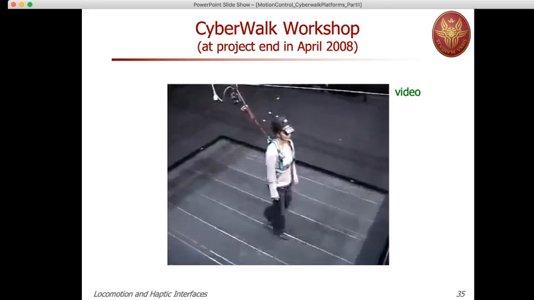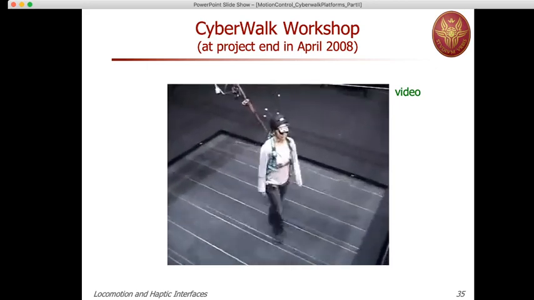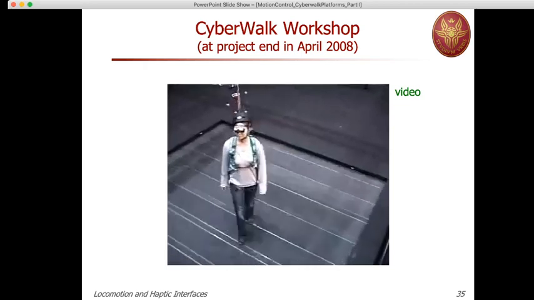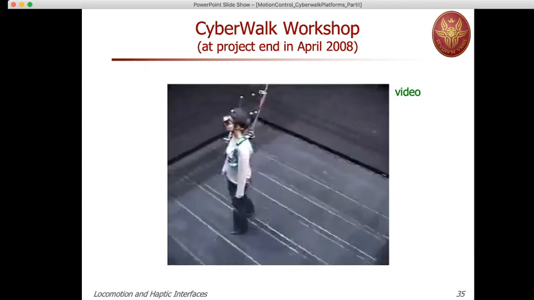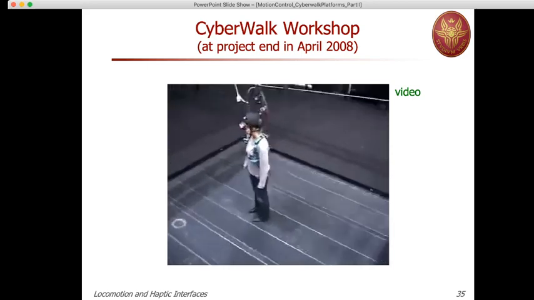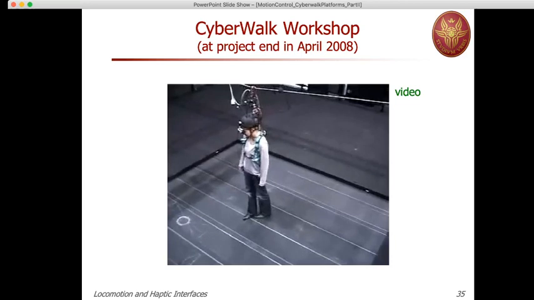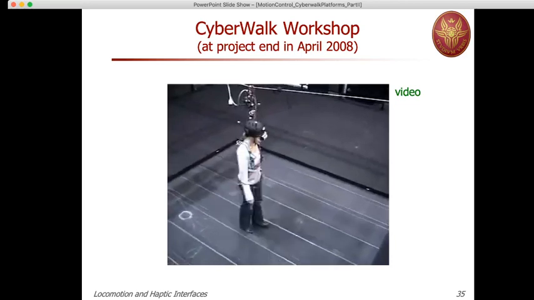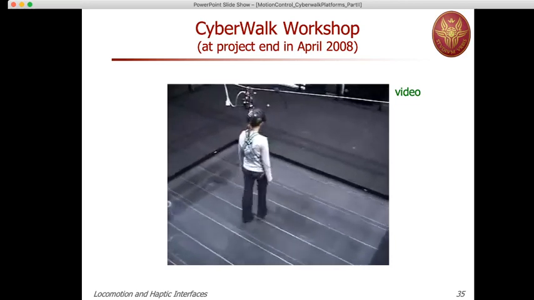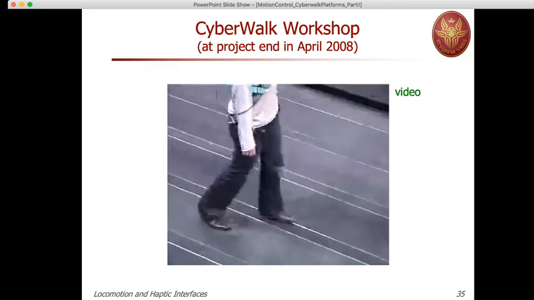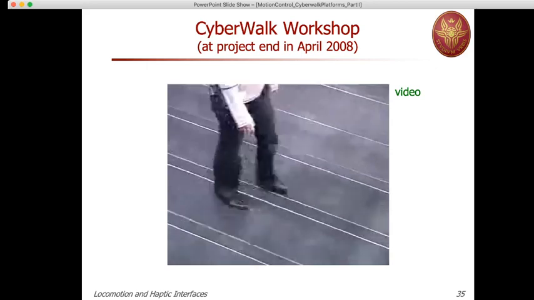Now she moves in the direction of the treadmill. You see that the treadmills on top move at the same speed, so there's no relative motion, and she stops, she recovers position, she turns in place, because she's looking around in her virtual world, and now she's going somewhere in one of the roads of the ancient Pompeii.